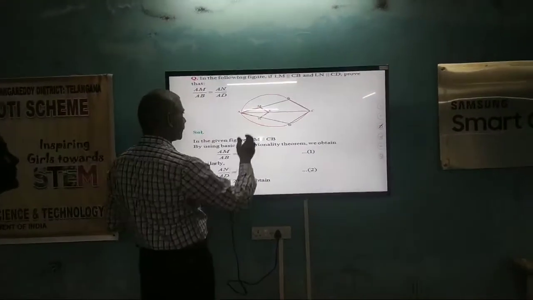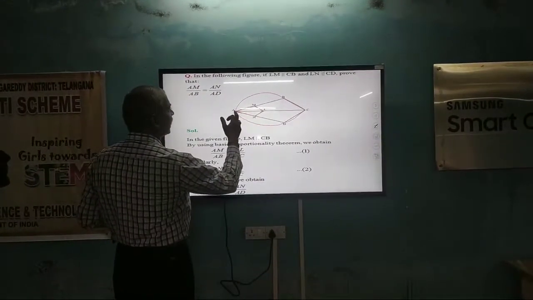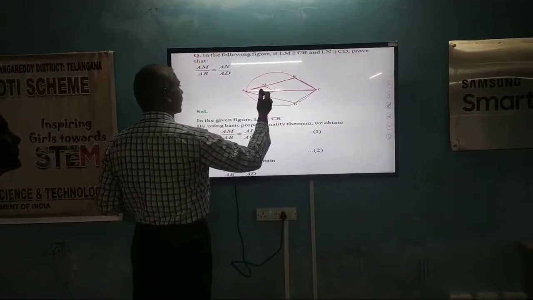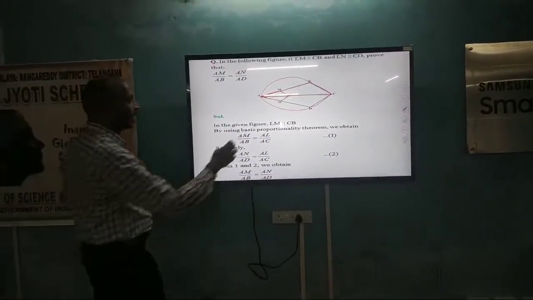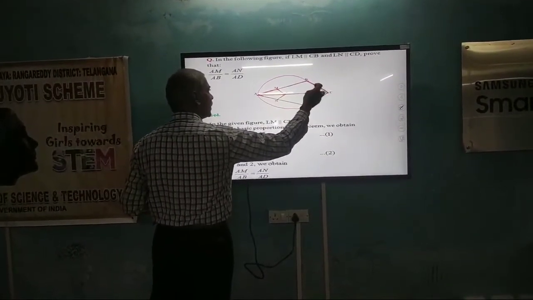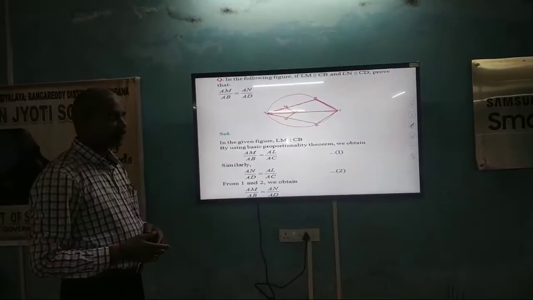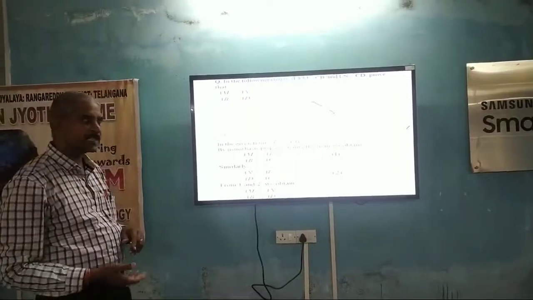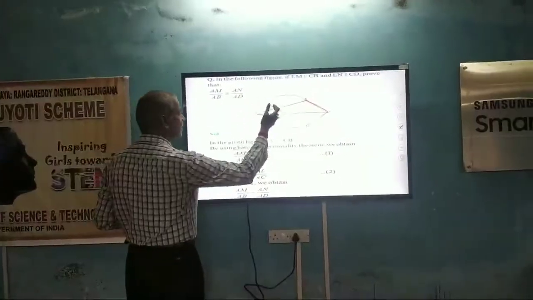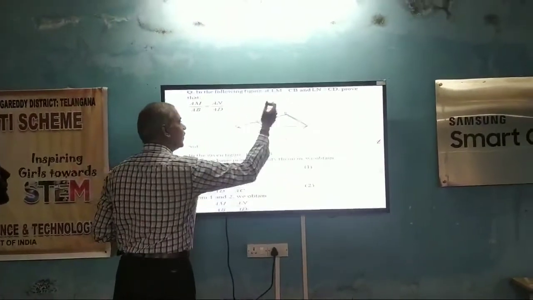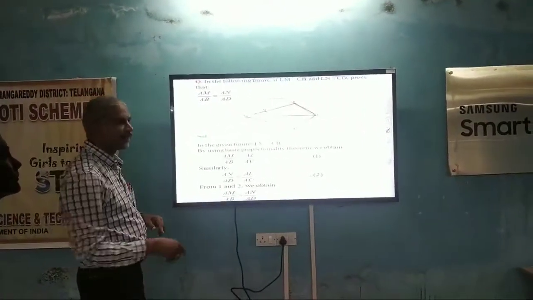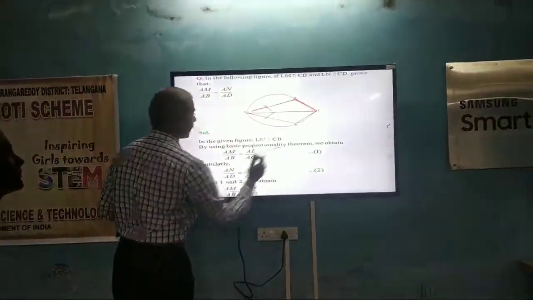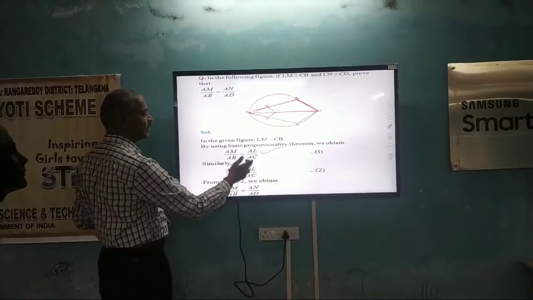Here, in triangle ABC, LM is parallel to CB. It is given. So that means in a triangle one line is drawn parallel to one side. Therefore by basic proportional theorem, as we proved in the corollary, AM by AB is equal to AL by AC.